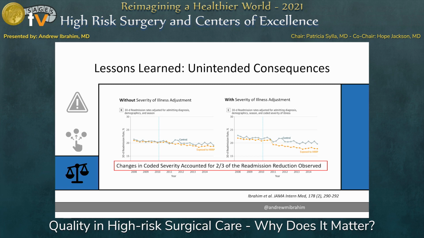I only point that out to say that that was off the radar of most people, and our group included, celebrated that Hospital Readmissions Reduction Program as this huge quality improvement, but overlooked that actually the way we were measuring quality had changed significantly right in the middle of that intervention period.